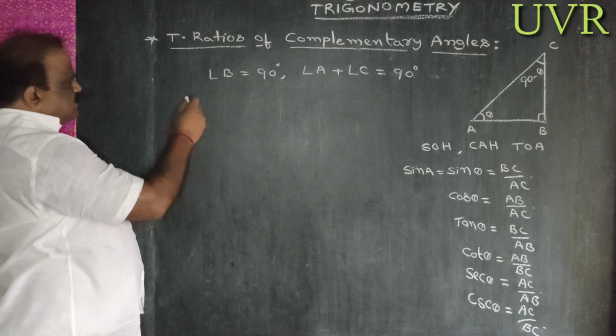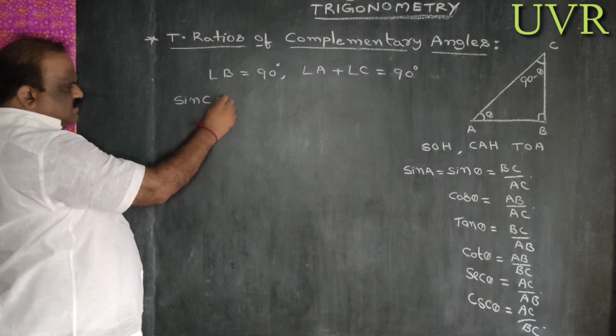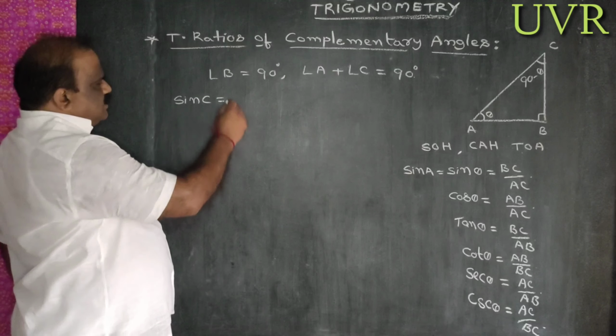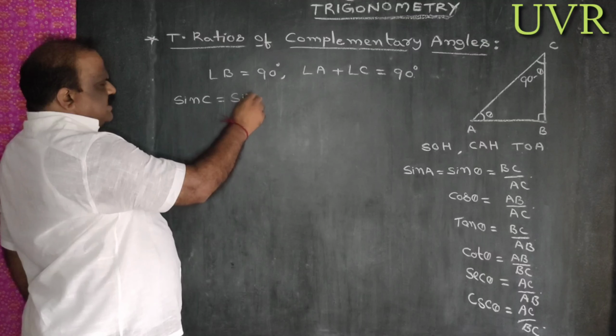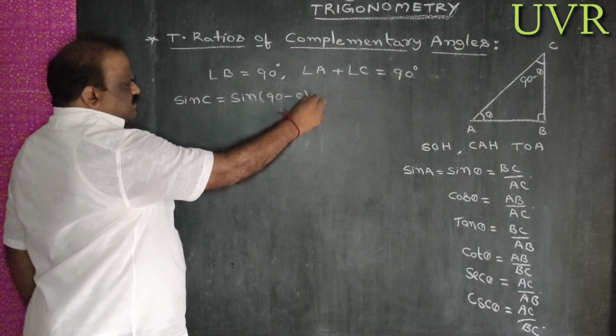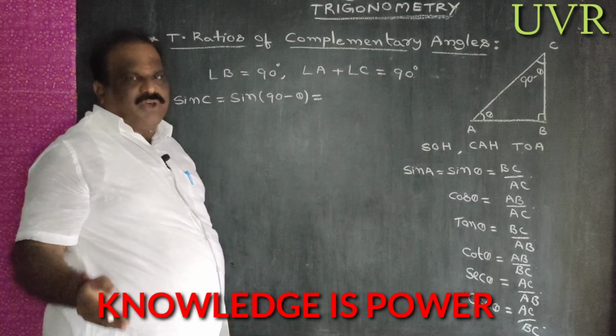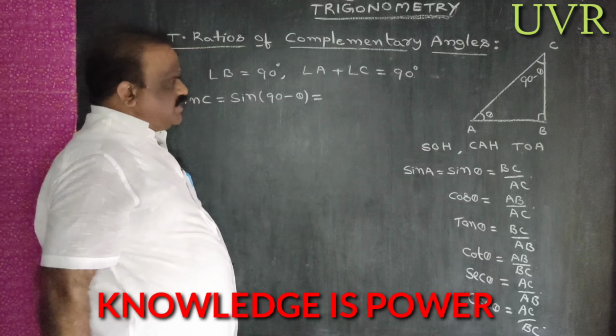So from the definition of sin C, or sin 90 minus theta, the definition of sine is opposite side and hypotenuse.